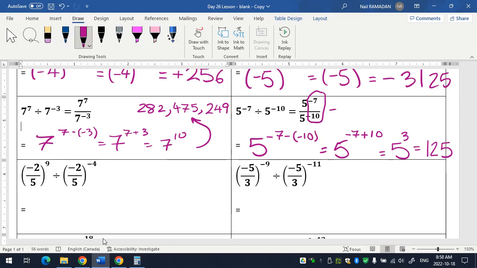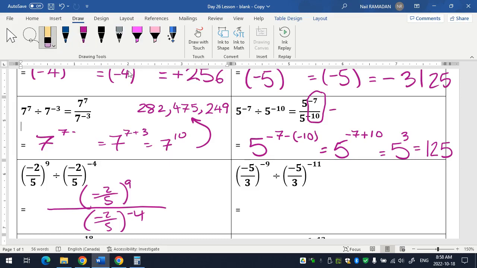Do I have to write it like I did here, minus 2 over 5 to the 9 over minus 2 over 5 to the negative 4? Do you need to do that? No. Instead of circling it this way, now you can circle it this way. All right, good. Just wanted to mention that in case you thought I always want to see this.